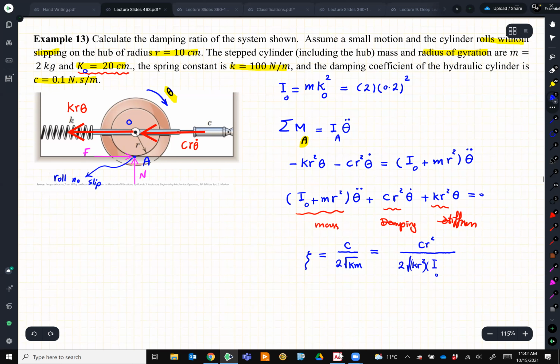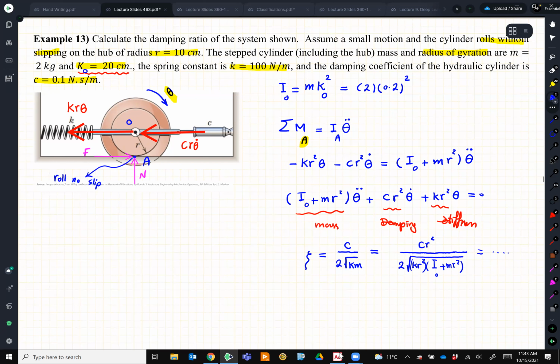It is I_O plus M R squared. You can just substitute these values and find out the value of zeta.